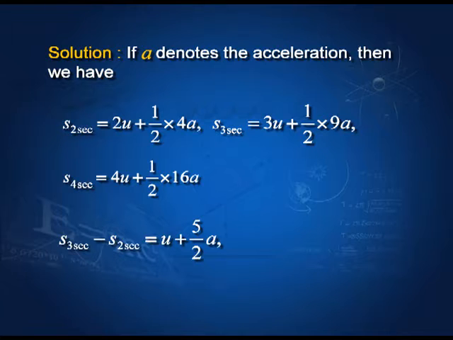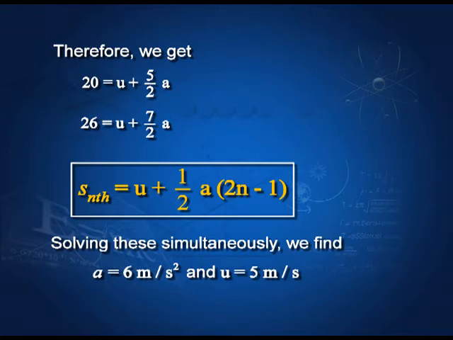Now, if I subtract S 2 from S 3, I get the distance covered in third second, that is u plus 5 by 2 a. If I subtract S 3 from S 4, I get u plus 7 by 2 a, distance covered in fourth second. In general, the distance covered in nth second is equal to u plus half a into 2 n minus 1.